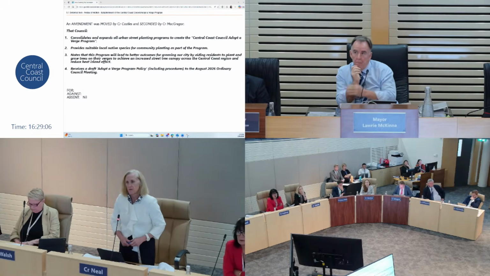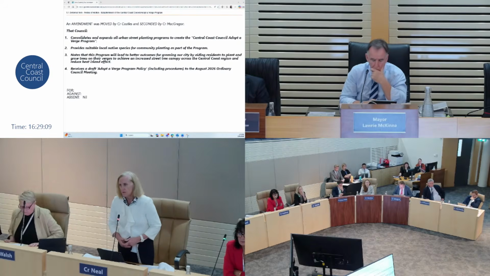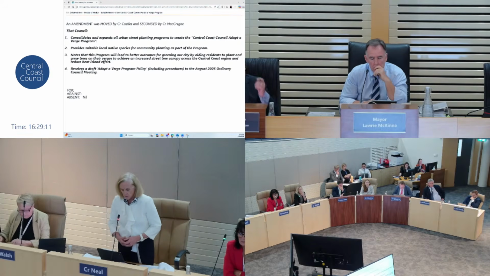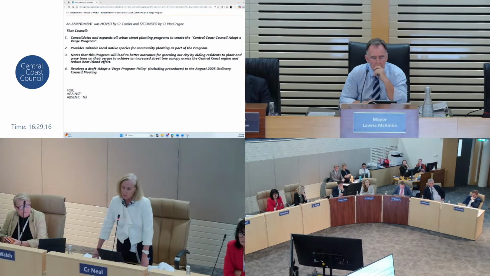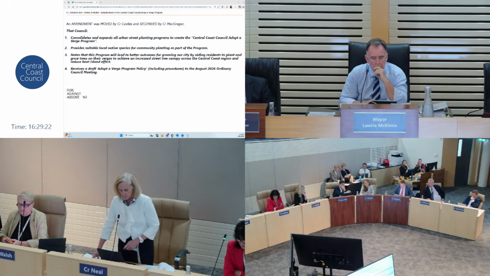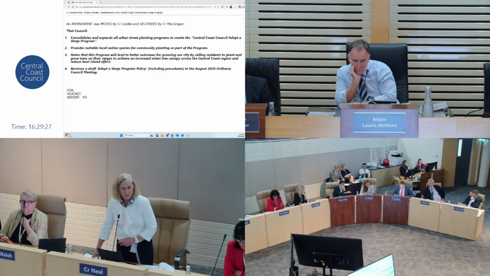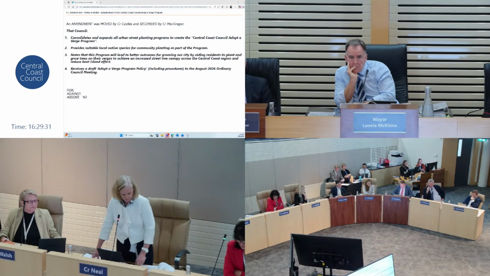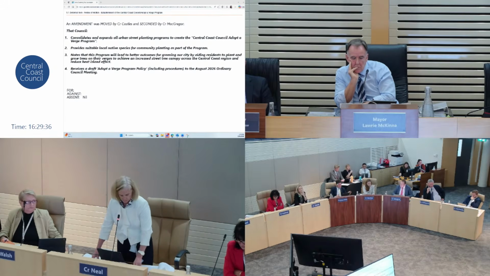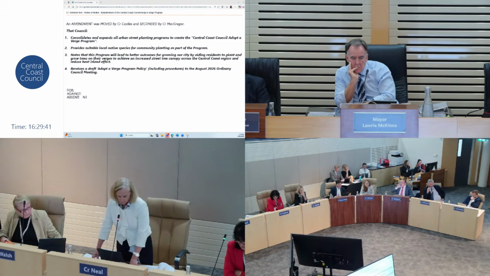That money is critical for the peninsula. The peninsula is by far the most affected heat sink area on the Central Coast, the most heavily populated, the highest level of concrete and other hard surfaces, and the greatest intensity of population. That is why this sum of money, $100,000, an exceedingly small amount, was allocated, and frankly it should have been close to 10 times that amount to really effectively deal with the problem each year.